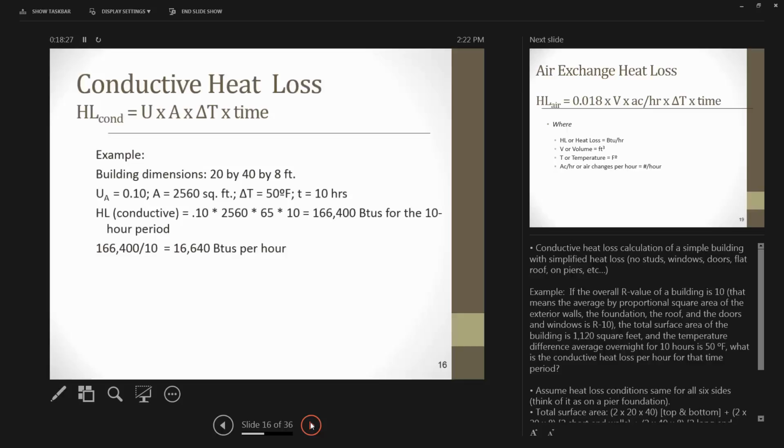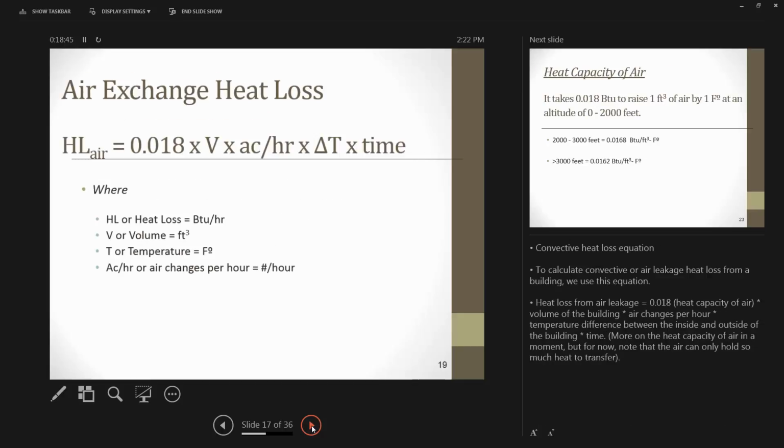So if we wanted to put a heater in that, we'd know at least how much our conductive heat loss is at this point. But is conduction the only way we're losing heat through our building? Yeah. Does that all make sense for that one? I see no blank stares. Perfect.